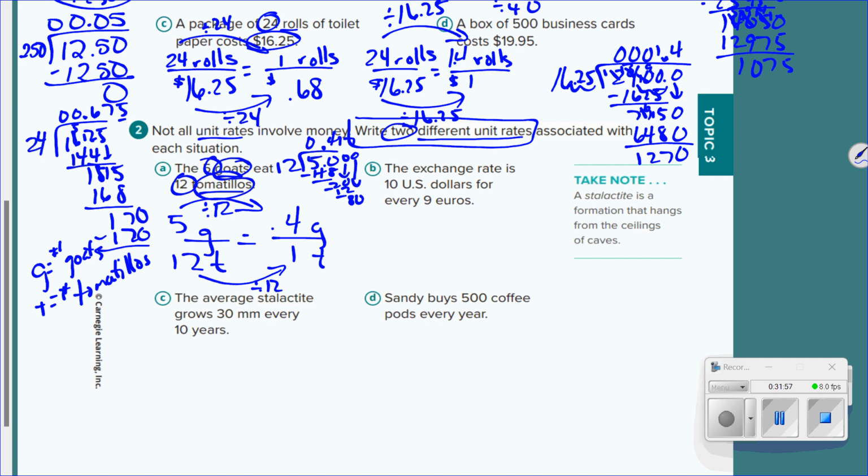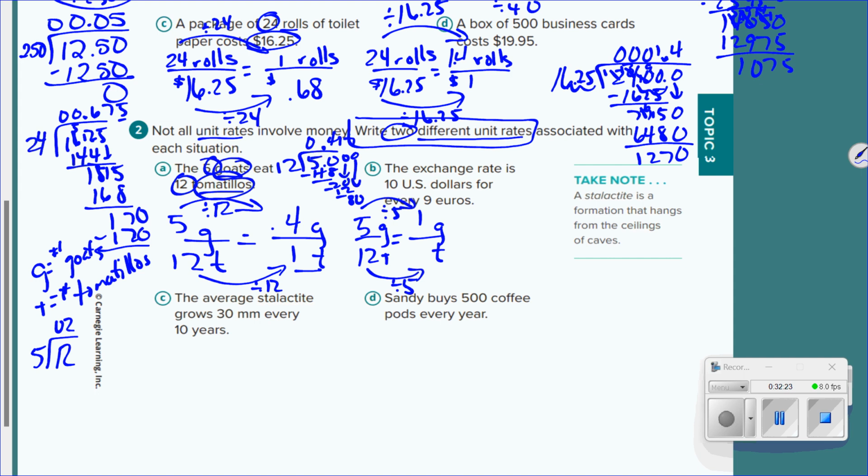Okay? Make sense? The other way we would have done this, and it starts the same, 5G over 12T. I put a G and a T, but last time I went to 1T, so this time I go to 1G. I divide by 5. 12 divided by 5 is going to go twice.